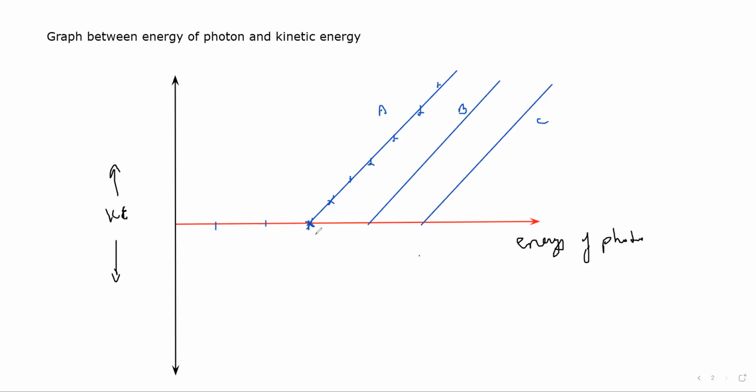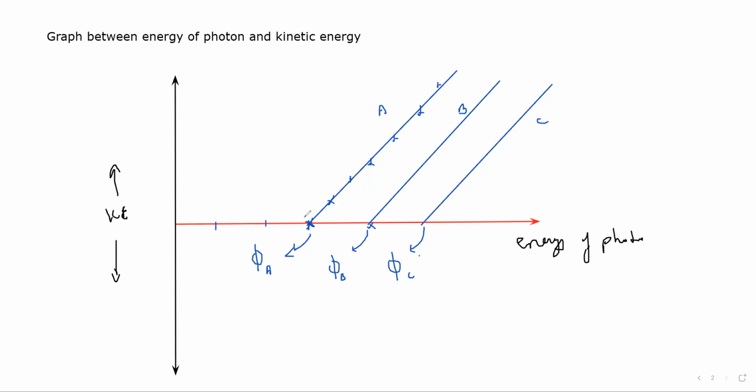This is the minimum possible energy at which the electron is emitted, so that is phi 1, or you can say phi A. Phi B is the minimum possible energy for metal B, and phi C for metal C. So to remove the electron, metal C has a higher work function compared to metal B, and metal B has a higher work function compared to metal A.